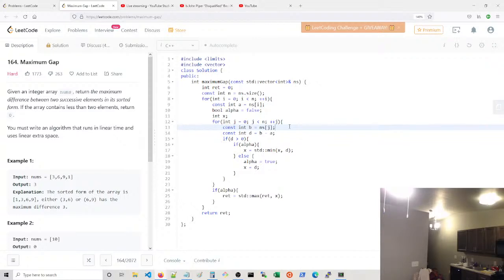So you can do A to B, take that difference, right? Two different numbers. And suppose they're, that's interesting.